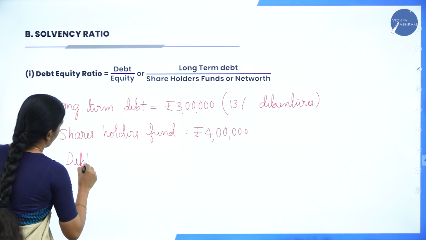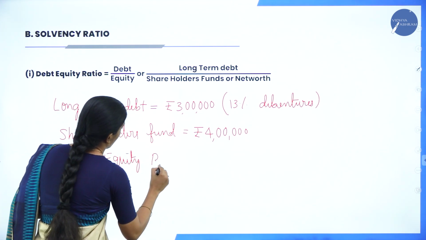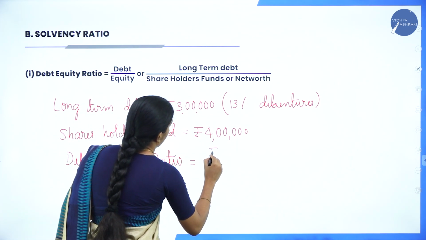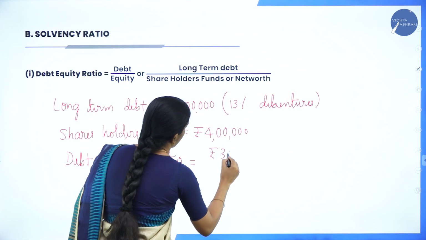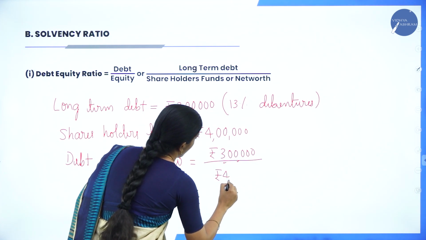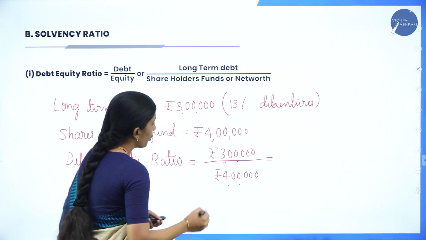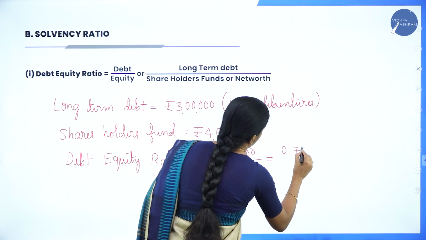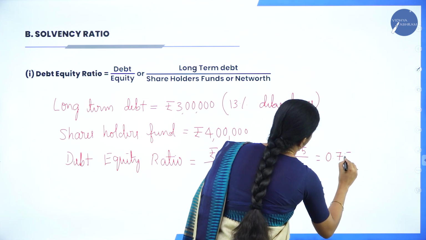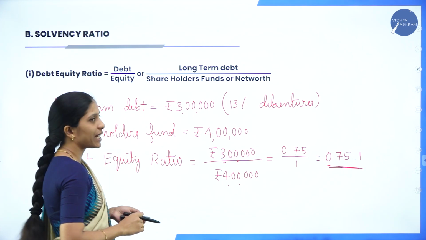Debt equity ratio is equal to rupees long-term debt, rupees 3 lakh divided by rupees 4 lakh. So that is equal to 0.75 divided by 1, that is equal to 0.75:1. So hope you are clear about this debt equity ratio.